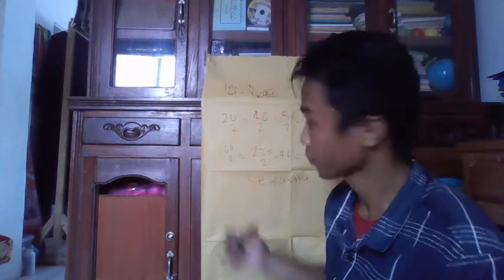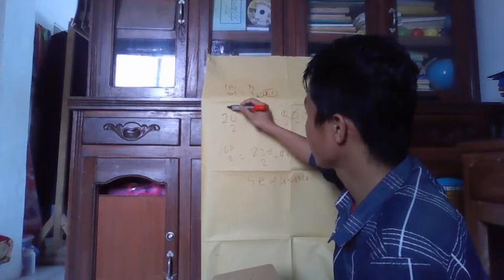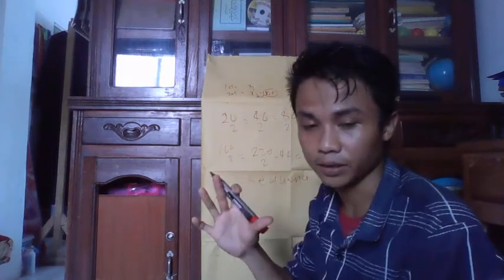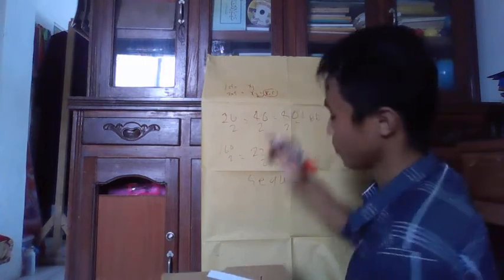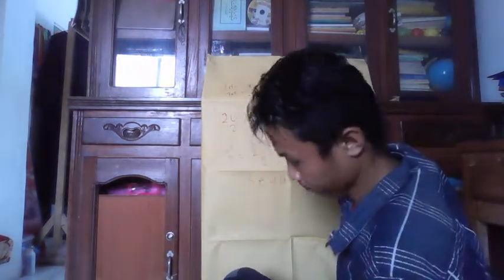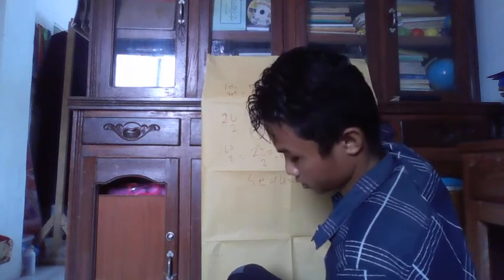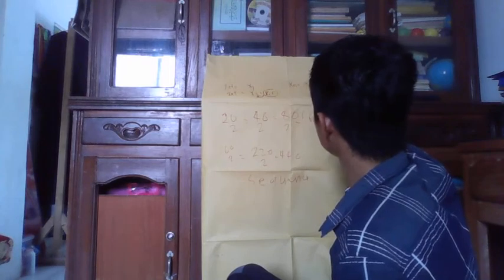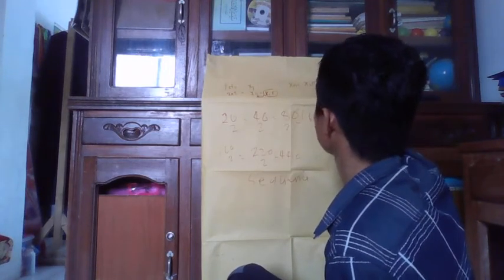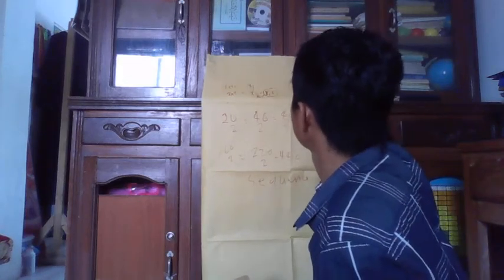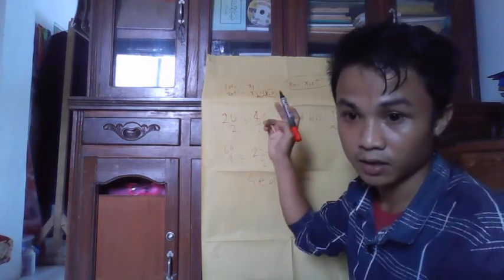Yung gagamitin natin na formula para makuha yung mga malalaking number sa ating problem is x sub n is equals to x sub 1 times r to the power of n minus 1. Yan yung gagamitin natin na formula.